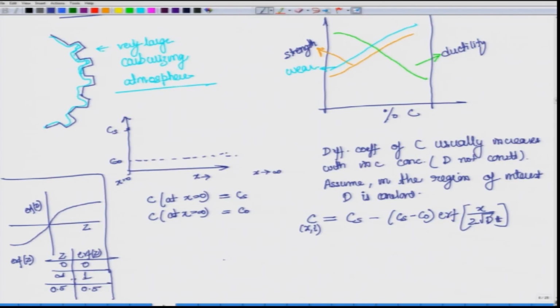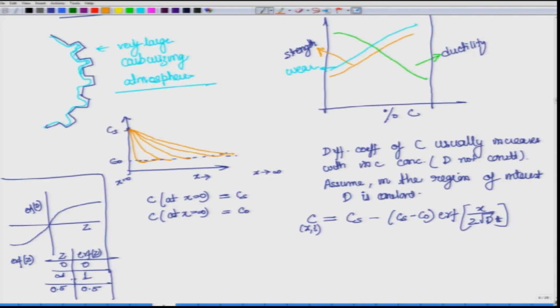Now, this is how the concentration would change, and if you want to plot it, this is how it would look. So, at some very small time, this is how it would look. With increasing time, because we have kept Cs constant, which is already included in our solution, these two boundary conditions remain the same throughout the time, and therefore the concentration increases like this.